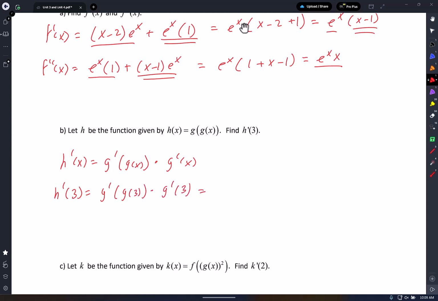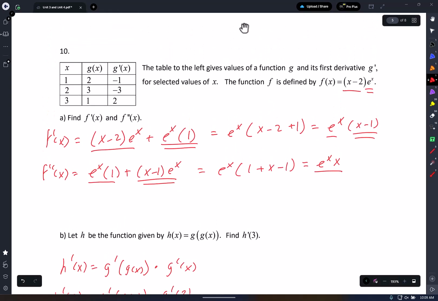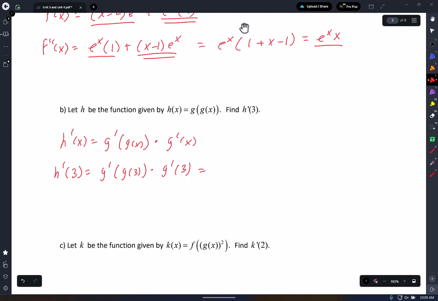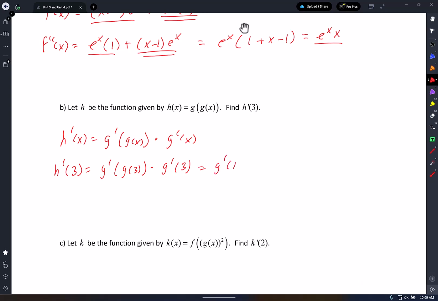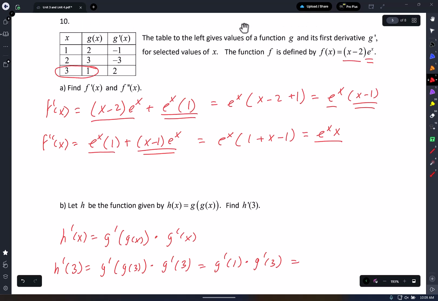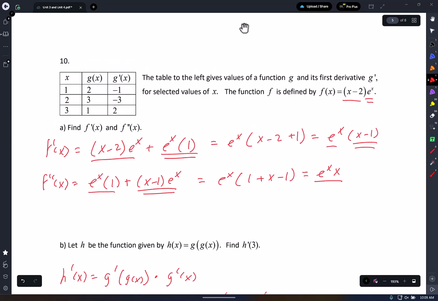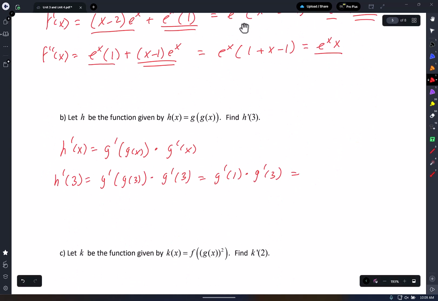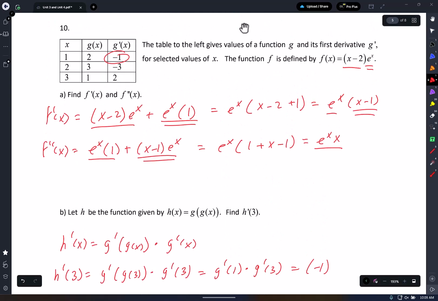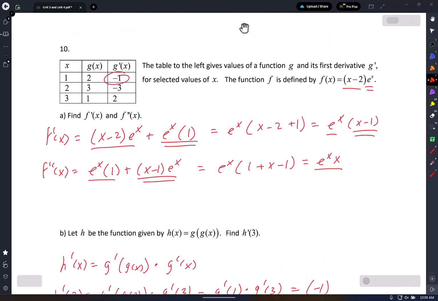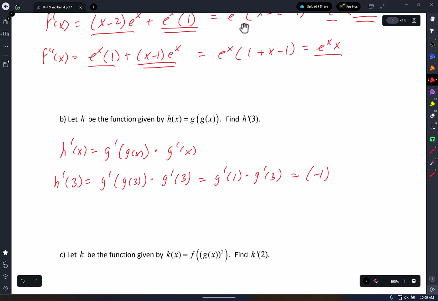So let's see, g of 3 is 1. So g prime of 1 times g prime of 3. All right, g prime of 1. So I go to 1, and g prime of 1 is negative 1. So negative 1, and then g prime of 3 is 2. So negative 2. So there it is. H prime of 3 equals negative 2.